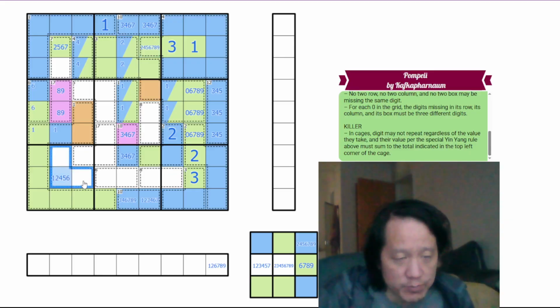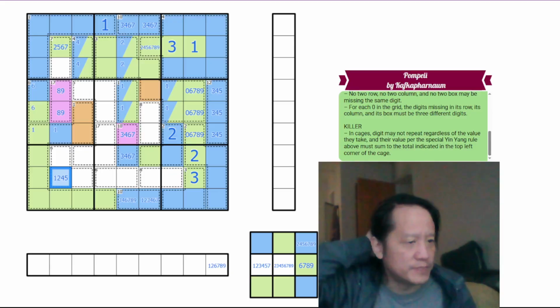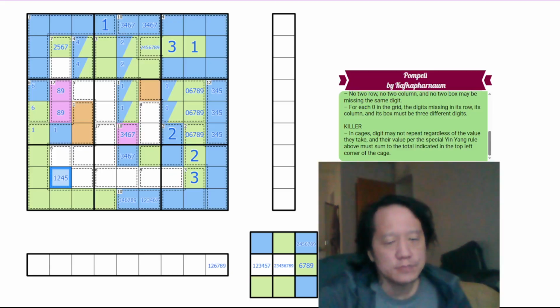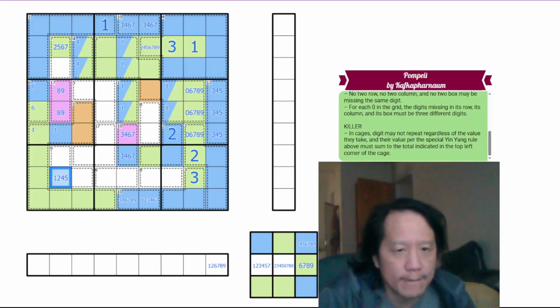One of these must be blue. So it can never be 6 here. It could be 1, 2, 3, or it's 1, 5, or 2, 4 as a pair. Huh.